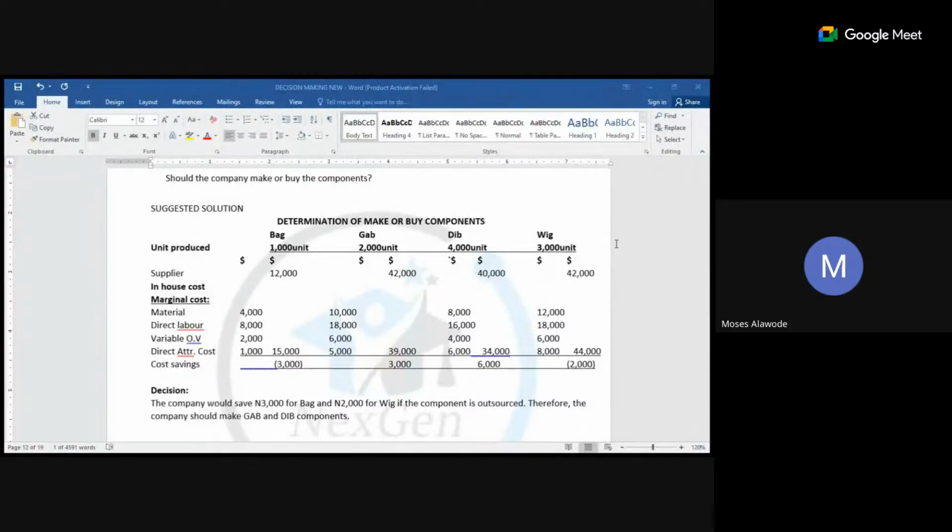Are we to advise the company to outsource it because the cost is lower, or to go ahead and produce it despite the higher cost?